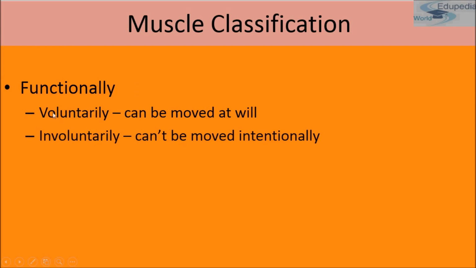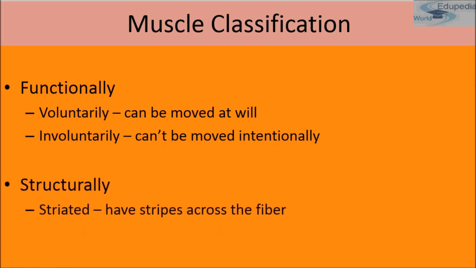First is voluntary, that can be moved at our will, which means it is in our control. And then comes involuntary, that can't be moved intentionally, which means it is not in our hands. And then comes structurally. Structurally means striated, that means they have stripes across the fiber, dark bands.